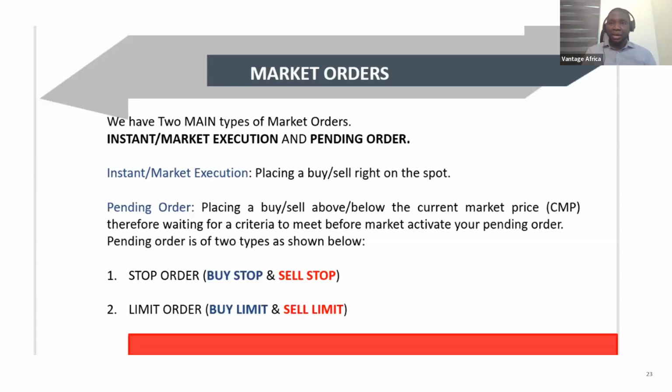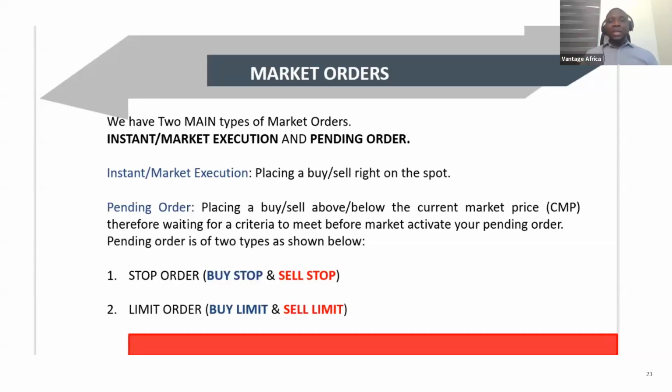When you place the order, you see it pending. It will show you placed or pending, depending on the device you're using. And then when price gets to that exact number that you have set, it activates and moves from a pending order to a market order.